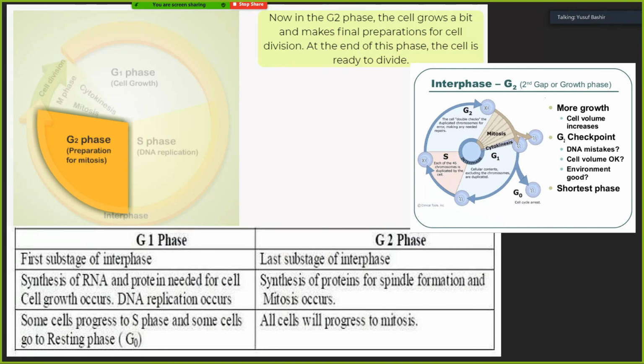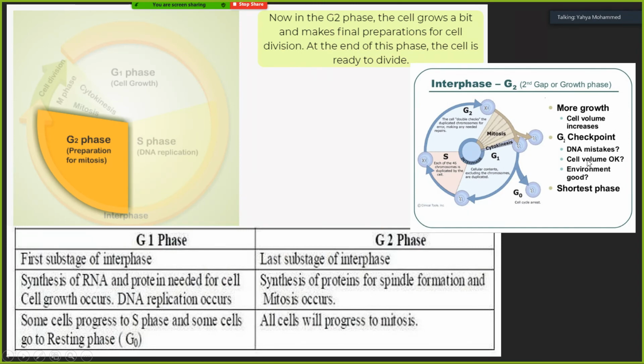Wait, but I thought in G2 and G1 nothing forms. It says over here that synthesis of proteins for spindle formation and mitosis occurs. No, it makes something, and there's a checkpoint too. Remember there's one in G1, and then G2. You see in this picture on the right, there's also a checkpoint there.